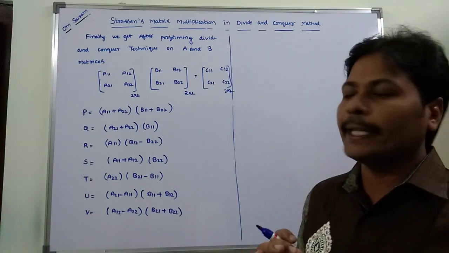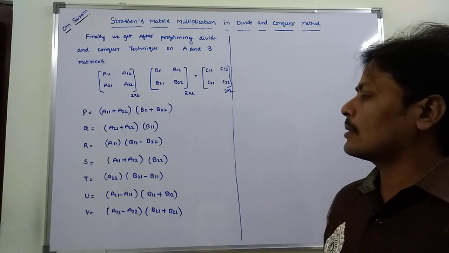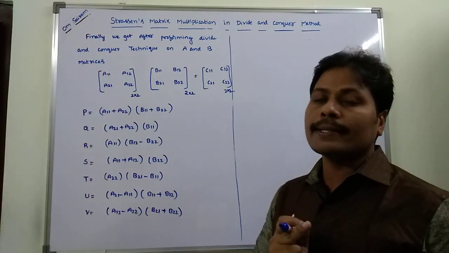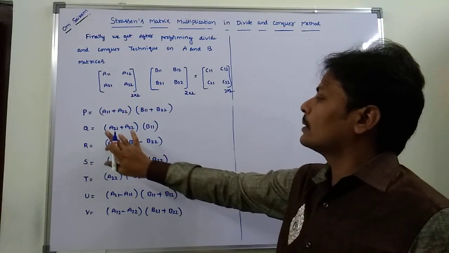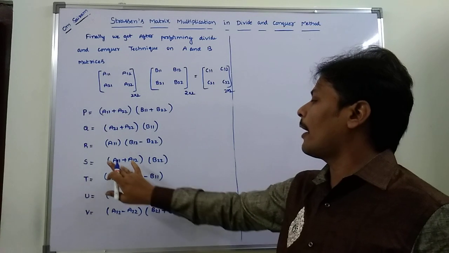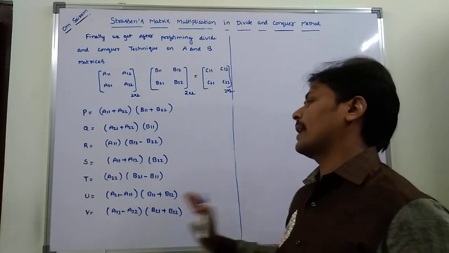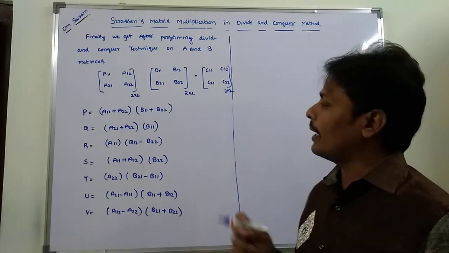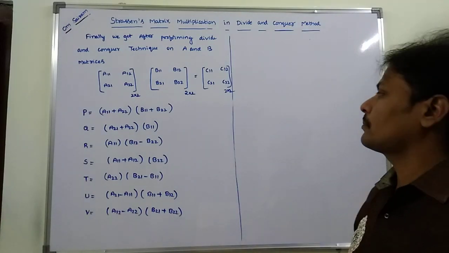So 7 multiplications are there in the P, Q, R, S, T, U, V equations. How many additions or subtractions are there? 1, 2, 3, 4, 5, 6, 7, 8, 9, 10. So 10 additions or subtractions are there. 7 multiplications are there. Okay.